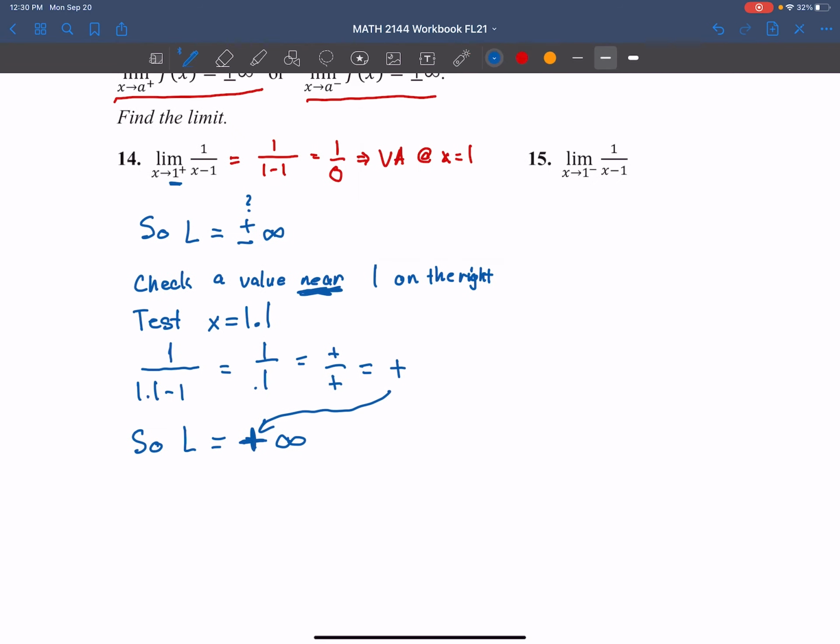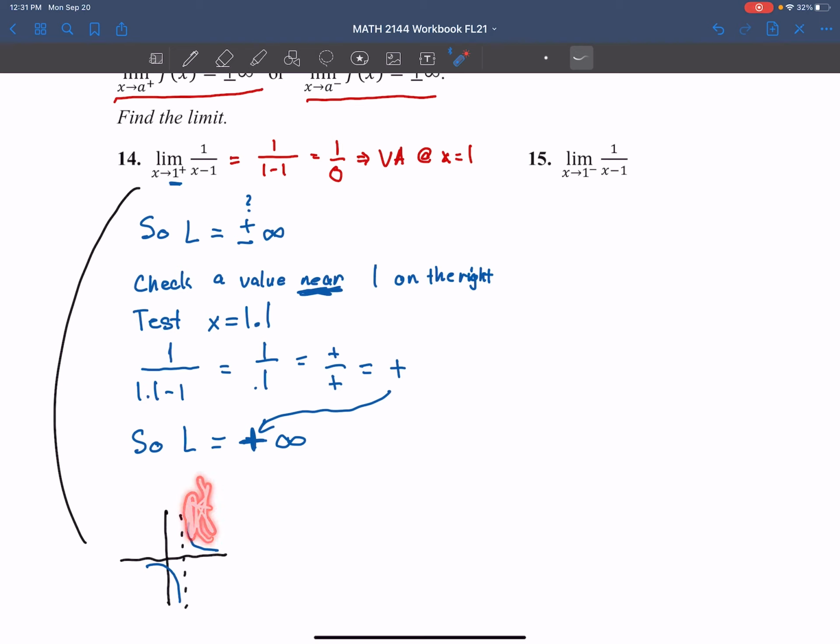If you had an idea of the graph of this function, there's going to be a vertical asymptote at x equal to 1, and the function is going to be in the first and the third quadrants. So when we're approaching 1 from the right, we're looking at this behavior up in the first quadrant.